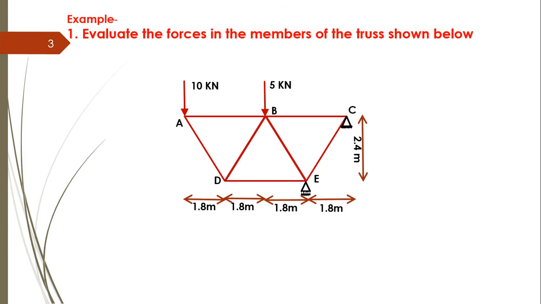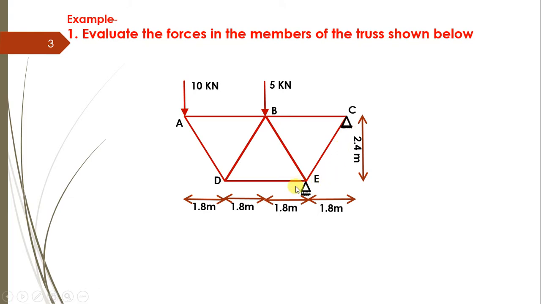So now let's solve some problems using this method of joints. First problem: evaluate the forces in the members of the truss as shown below. Here a truss A, B, C, D, E is shown in the figure. At joint C and at joint E, supports are provided. At C, it is clearly seen from the symbolic representation that it is a hinge type of support.